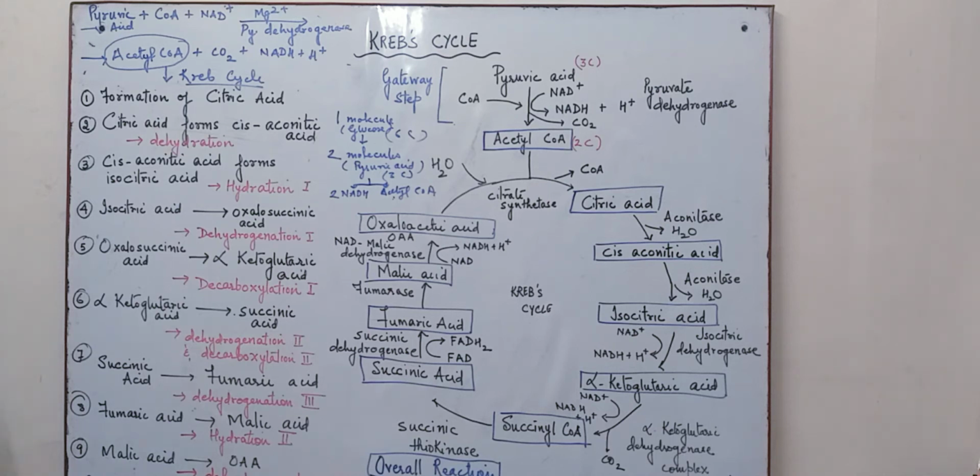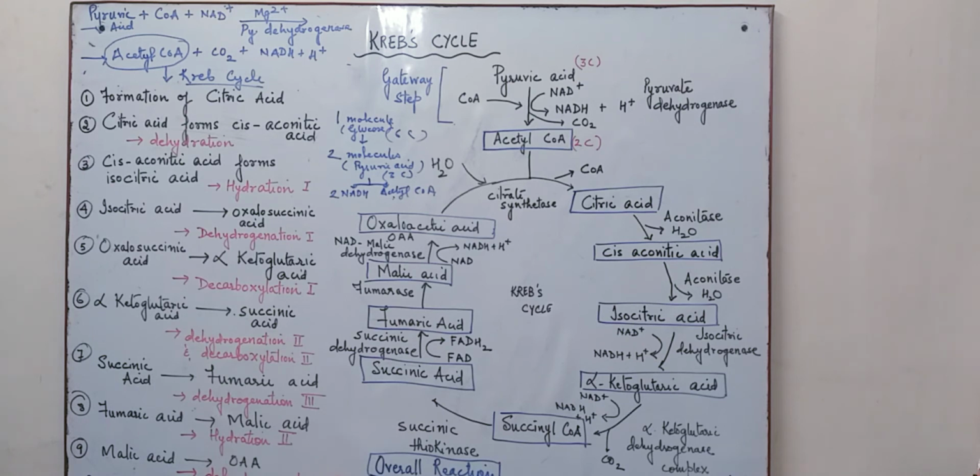Also, it is important for you to understand that the Krebs cycle or the citric acid cycle or the TCA cycle occurs in the presence of oxygen, and the site of the cycle is the mitochondria. When we study, the cycle actually takes place in 9 steps. And each step involves various enzymes.